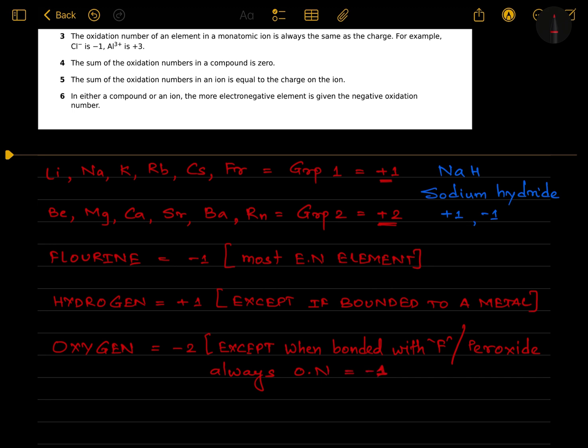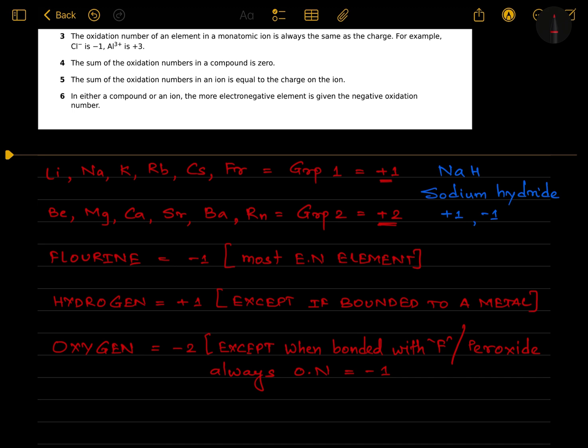Please remember this. Usually oxygen has an oxidation number of -2, but when it is bonded with fluorine, it has an oxidation number of +1 or +2, whatever it might be, depending upon how many fluorines are attached. And whenever it is in the form of a peroxide, it has to have an oxidation number of -1.